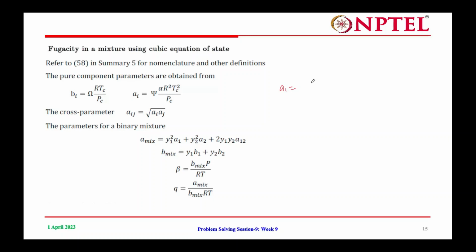A1 is equal to 38.33 into 10 to the power 6 bar centimeter to the power 6 per mole square. Similarly A2 is 21.74 into 10 to the power 6 bar centimeter to the power 6.